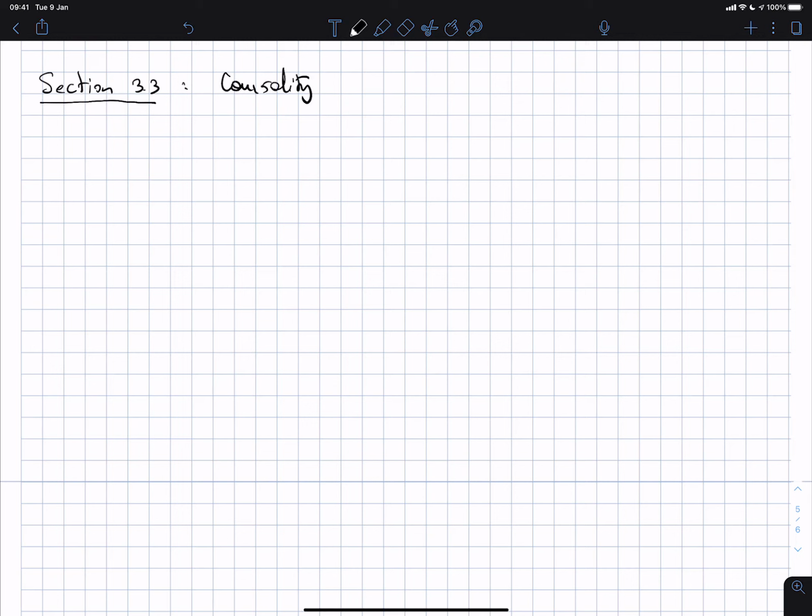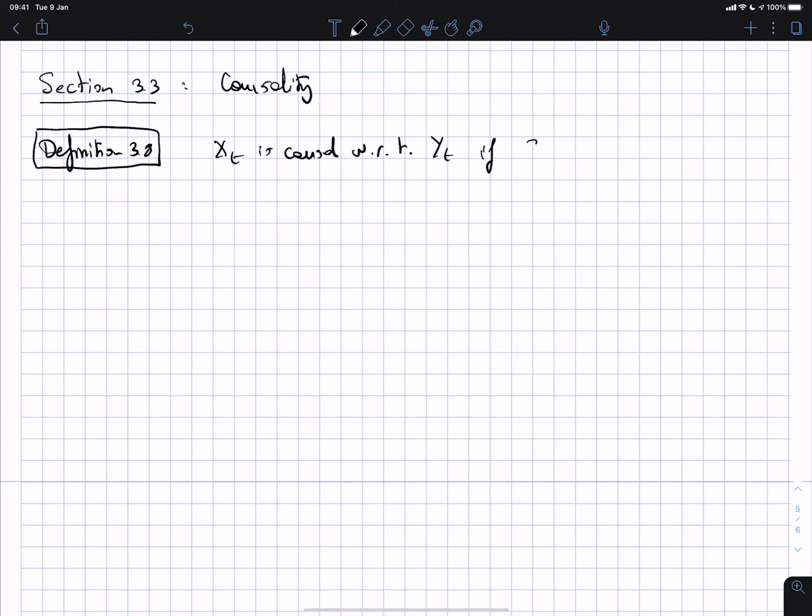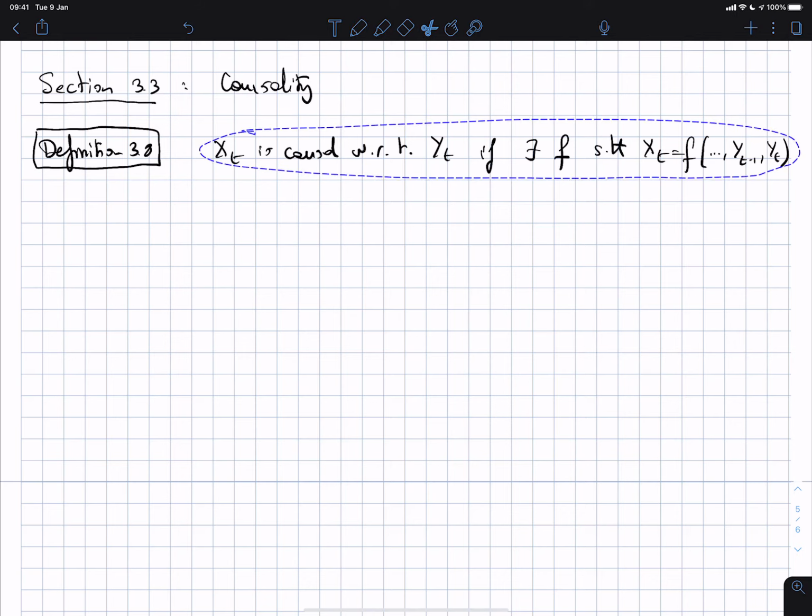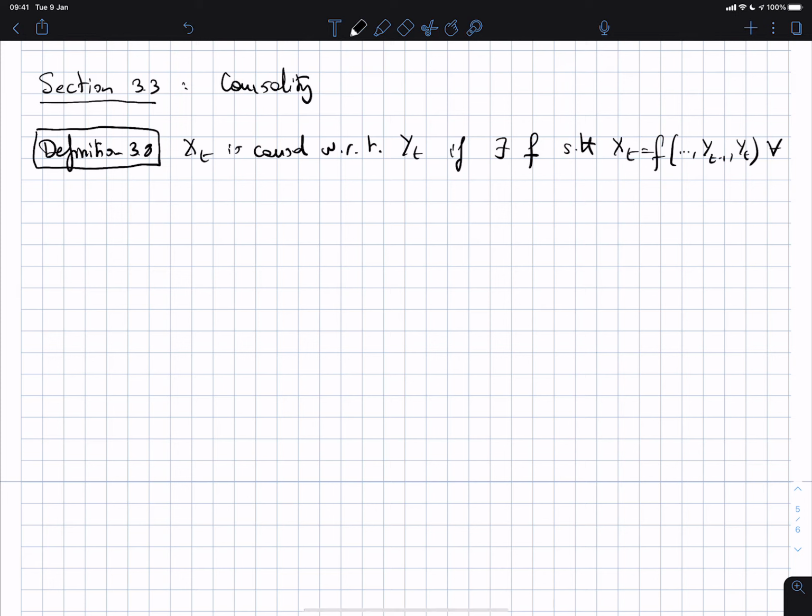Now we have a definition (3.8), where we say that xt is causal with respect to some process yt if there exists a function f such that xt is a function of yt but only in the past, for all t.